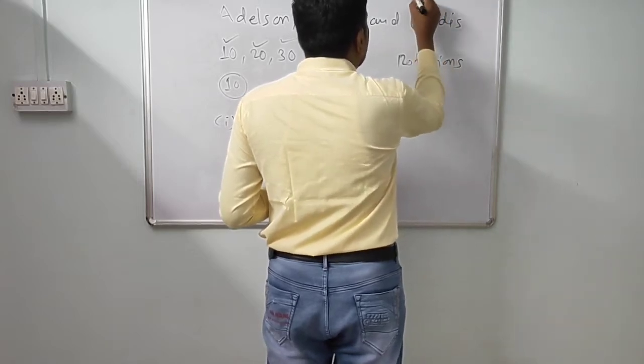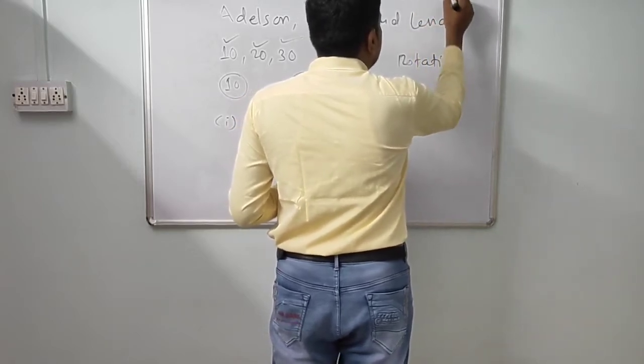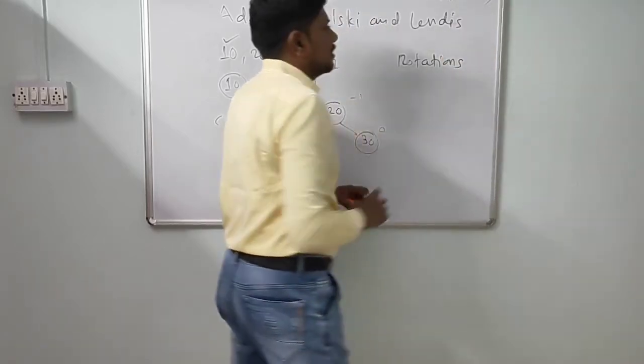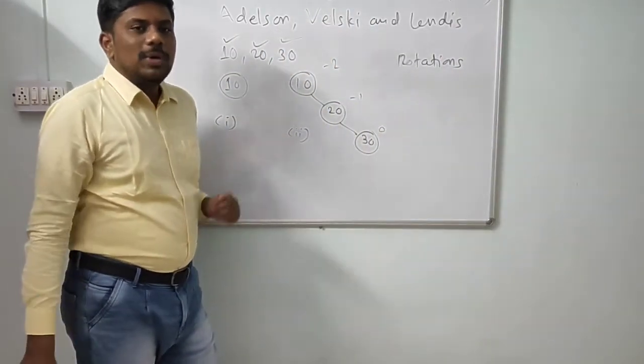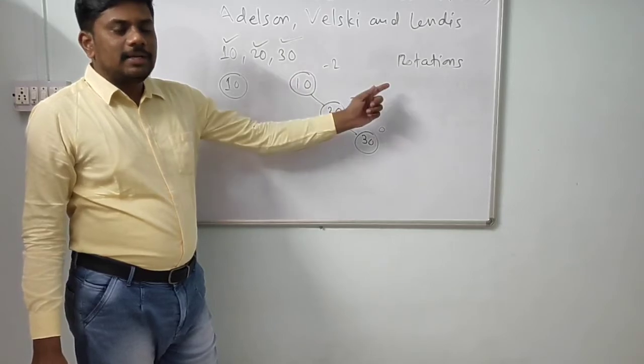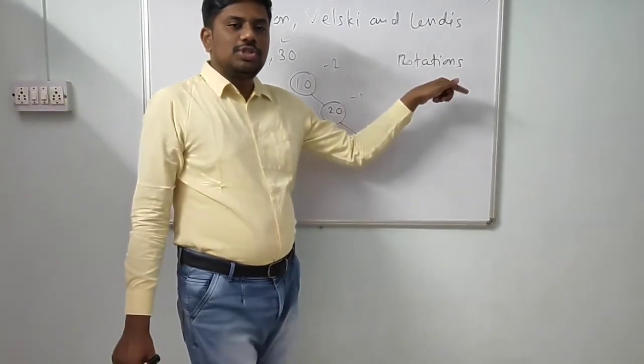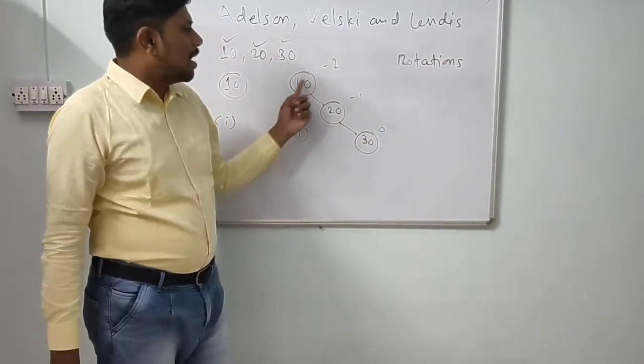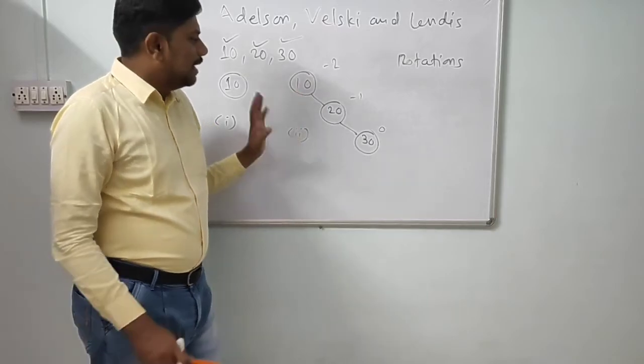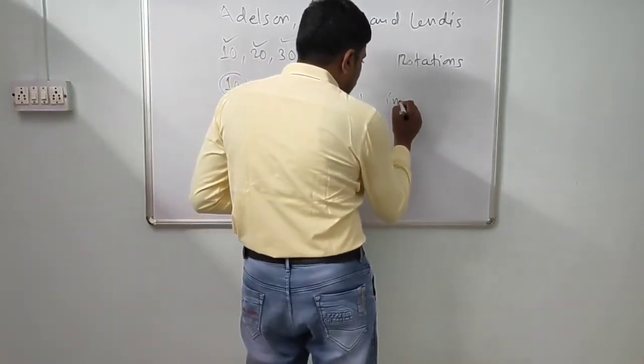AVL tree is also called a height balanced tree, because it is always balanced. Balanced means the balance factor should always be minus 1, 0 or plus 1. Here it is minus 2 for 10, so this is an imbalanced tree.